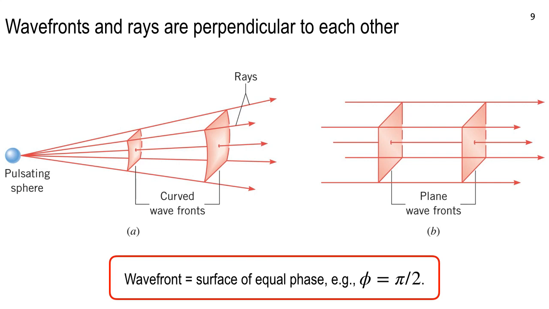Those two plane waves could be the places on that set of waves where the phase is pi over 2, and then this one's the next one where it's pi over 2. The distance is a lambda, a wavelength, between consecutive surfaces of equal phase.